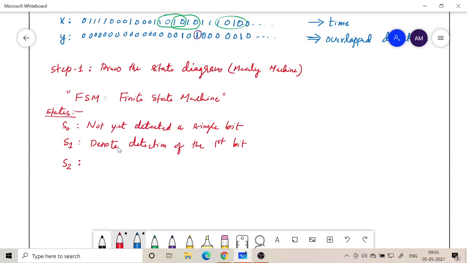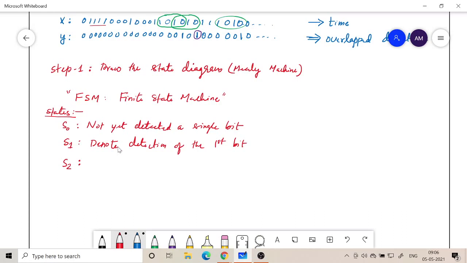So we got the first 1, so we are looking for a 0, but unfortunately here it did not happen. So we have not made any progress. We are still staying in S1, okay, because 1 1 1 is coming continuously here, so we are still not making any progress, staying at S1.